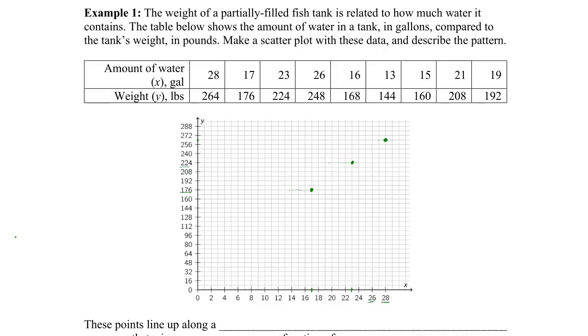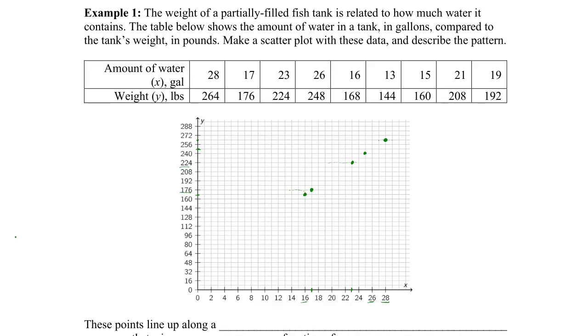So there's 26, 248 on the y-axis is here. There we go. Next, when x is 16, y is 168. So we've got 16 on the x-axis, 168 on the y-axis. There we go.